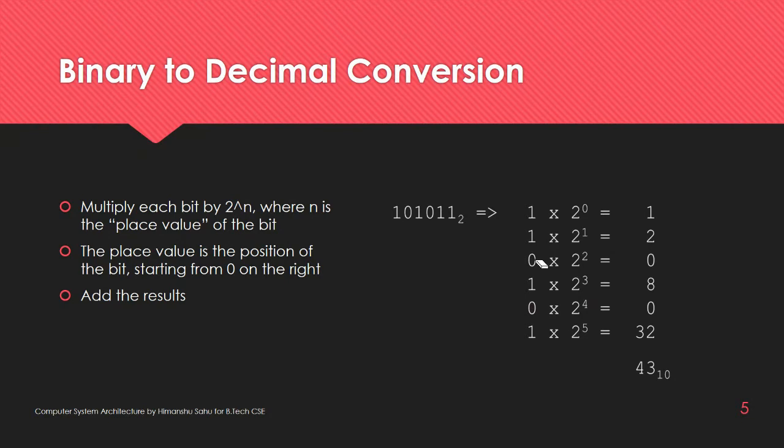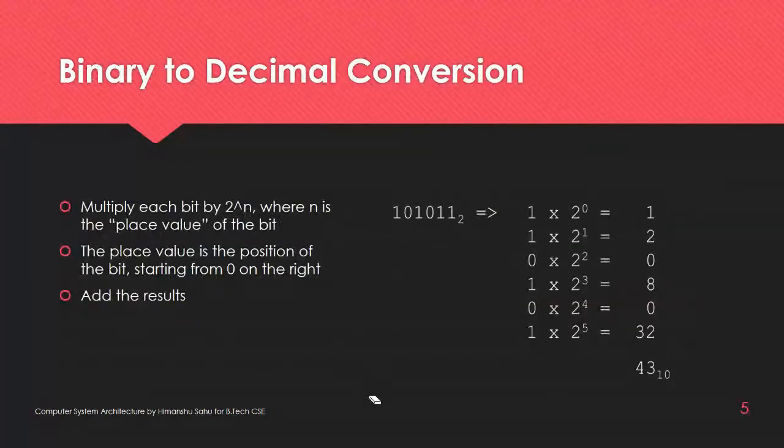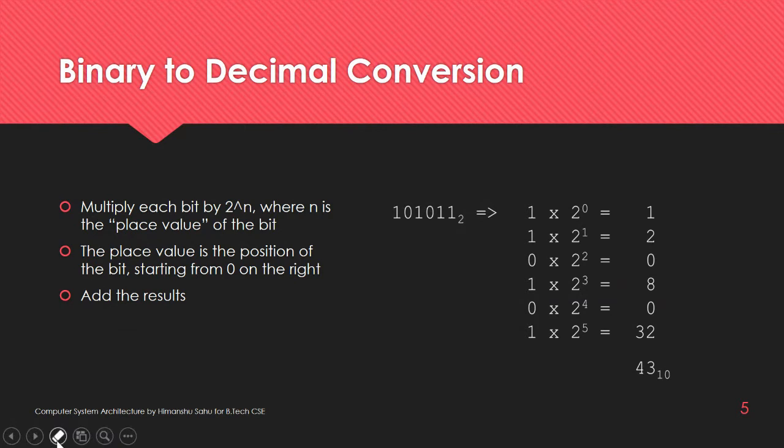Fine. So the previous formula will be used. If the number is given as 101011, always remember that whenever someone is asking for a number in a different base, the base must be mentioned.